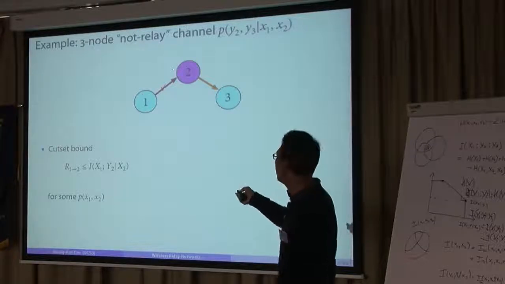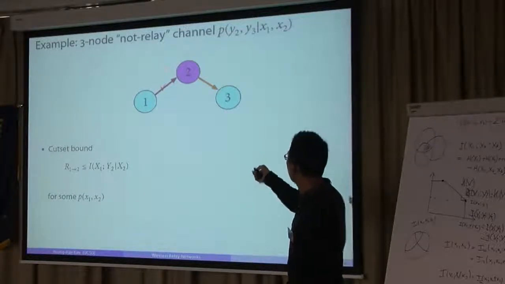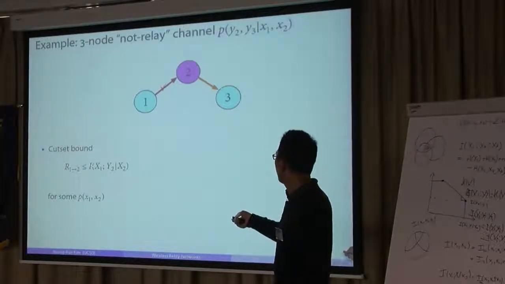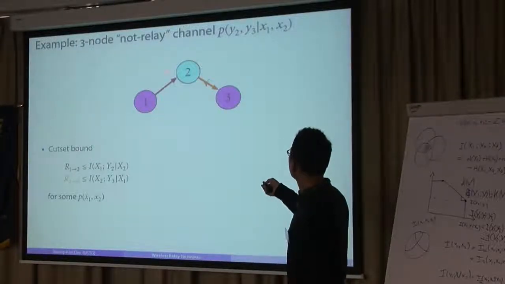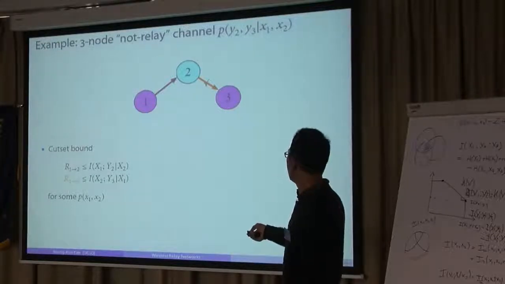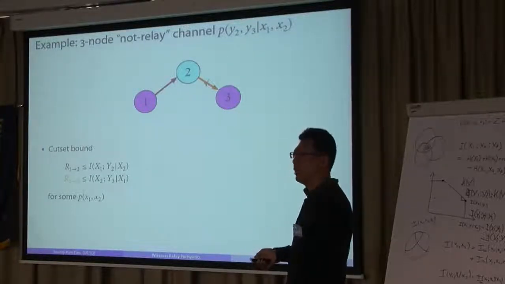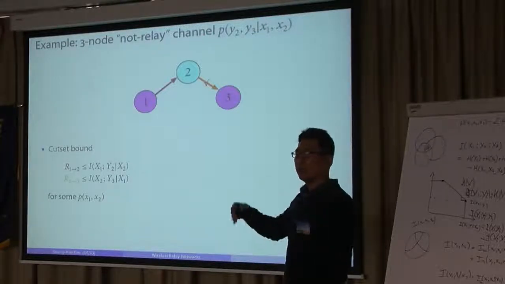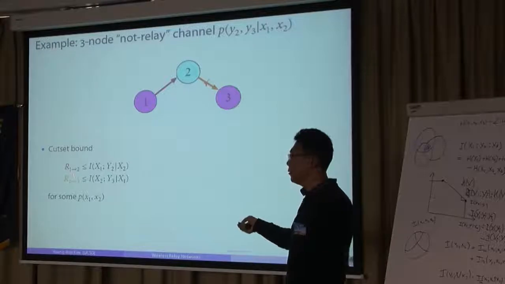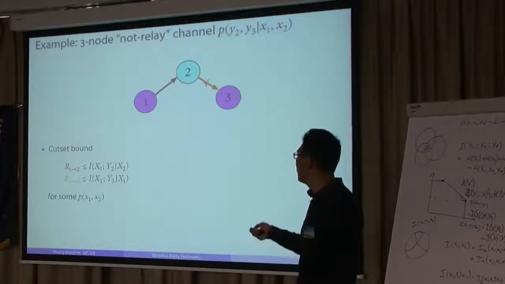So this is S, and this is S complement, and R12 is upper bounded by this mutual information. By taking this as my source part, this as my S complement, I get this bound, okay? And any other cut you generate is actually looser than what we have here. So with a standard cut-set bound, we get only these two inequalities per joint distribution.